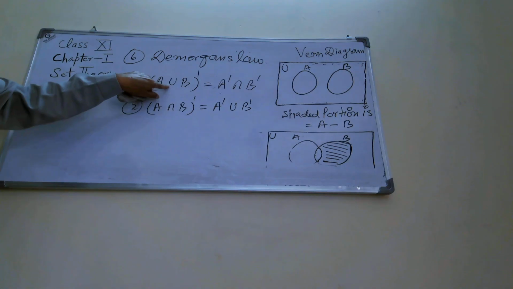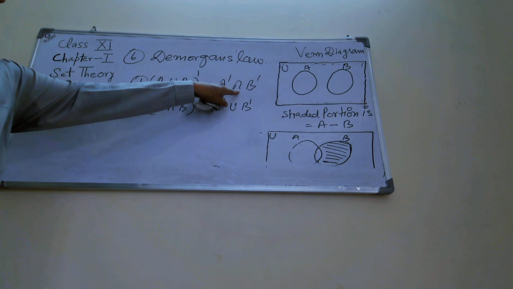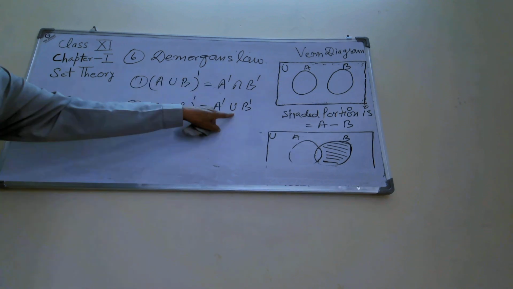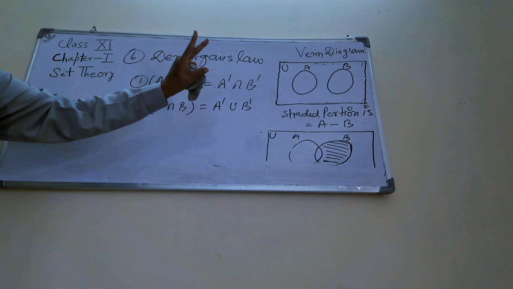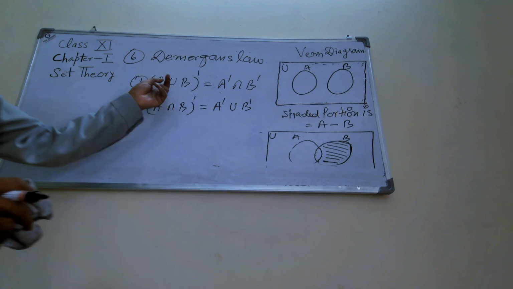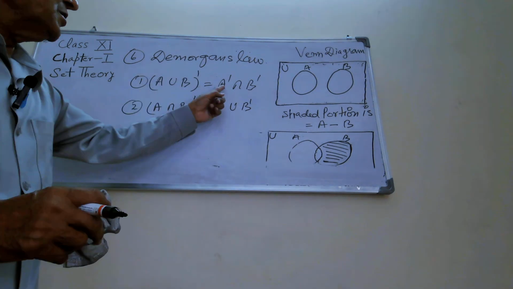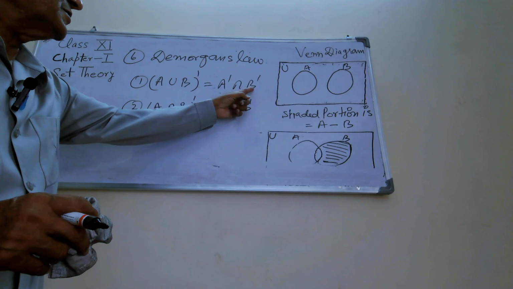Complement of union becomes the intersection, and complement of intersection will be union of different complements of two sets. So complement of A union B is equal to A complement intersection B complement.